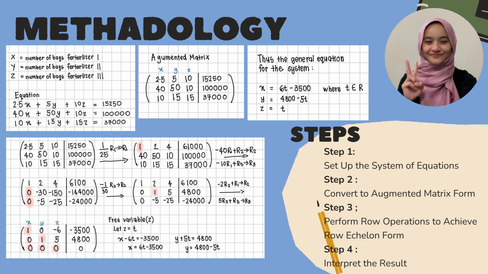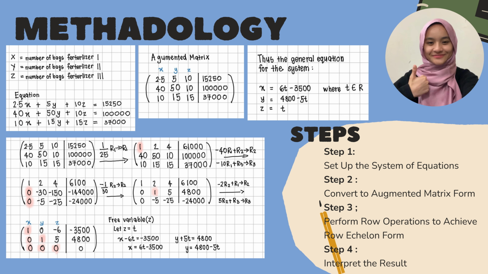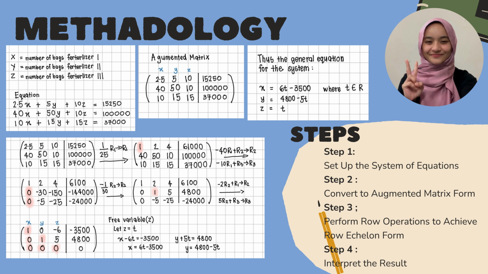We then convert these equations into an augmented matrix and use the Gauss-Jordan elimination method to simplify it. The process begins by normalizing the first row to create a leading one, followed by eliminating the first column elements in the other rows using appropriate multiples of the first row.